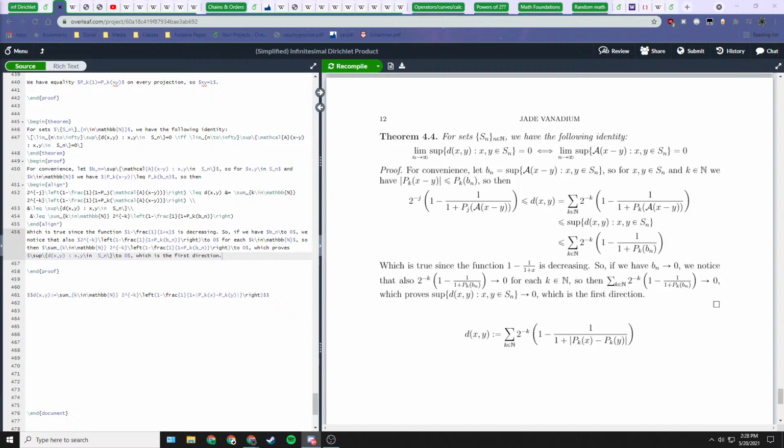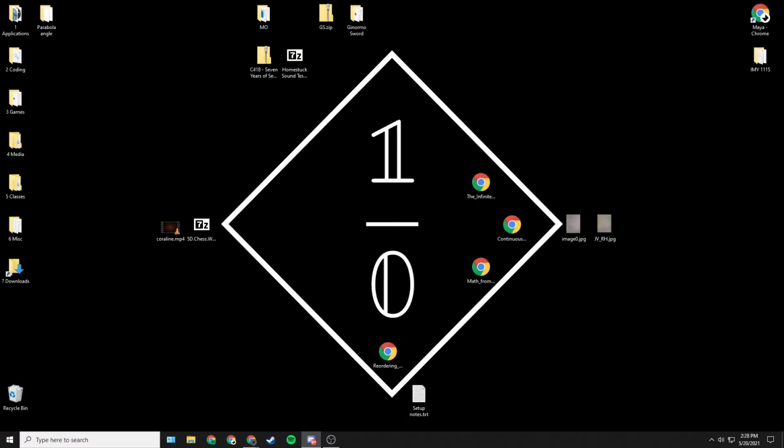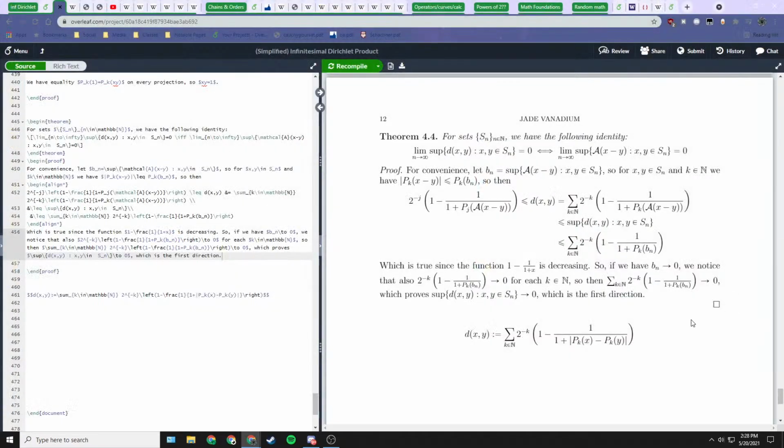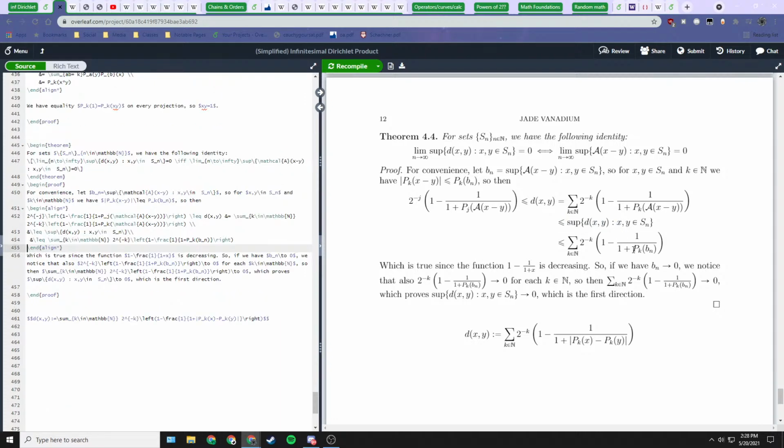We want to show that as our distances go to 0, our supremums on the a function will also go to 0. So as the supremum distance goes to 0, I think the way to do that is to show that this supremum distance is... actually, let's do it that way.